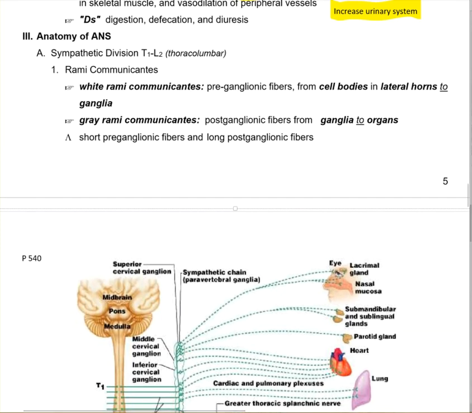Now, remember, our preganglionic fibers are called white rami communicantes. And those are from the cell bodies in the lateral horns of the spinal cord to the ganglia. Right? So we've got cell bodies in the lateral horns of the spinal cord to a ganglia.